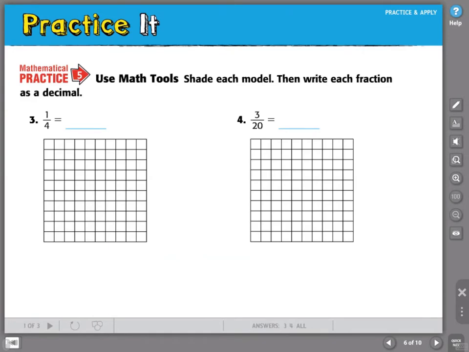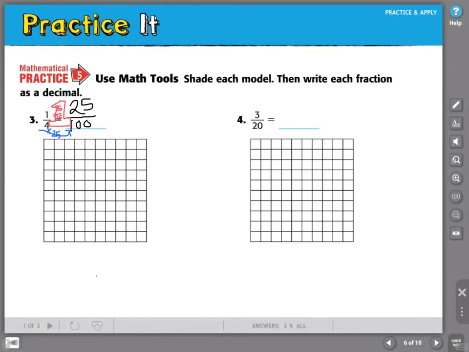Let's do a couple more examples. Now 1/4, just like that last example, I know that I can't turn this into tenths, so I'm going to attempt to turn it into hundredths. I do that by multiplying 4 by 25. So that means I must have a 25 in my big 1. 4 times 25 is 100. 1 times 25 is 25.